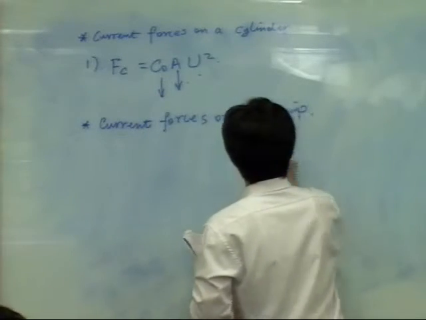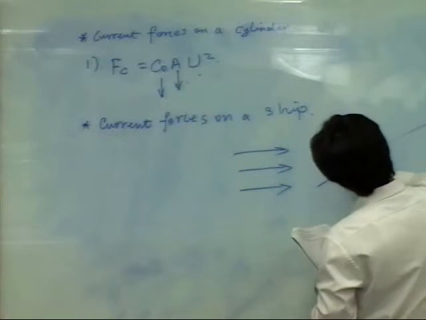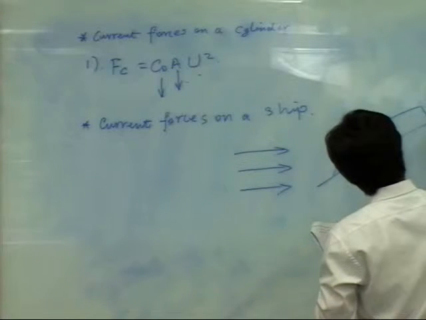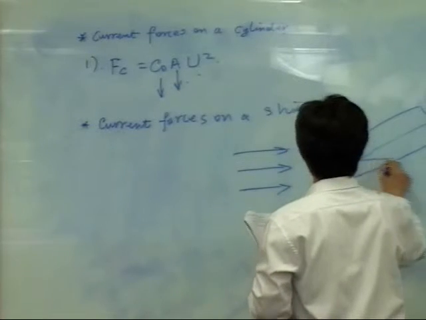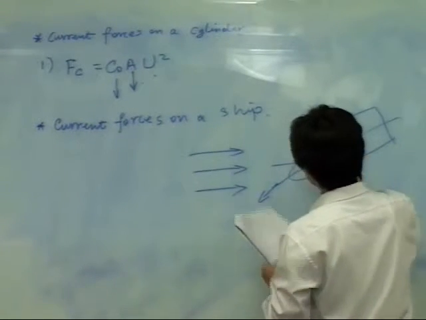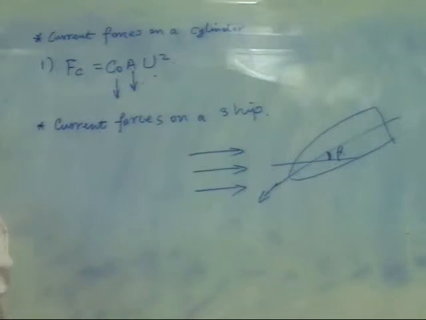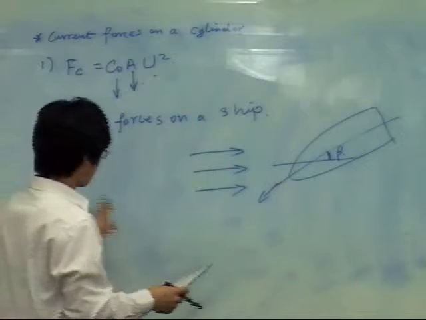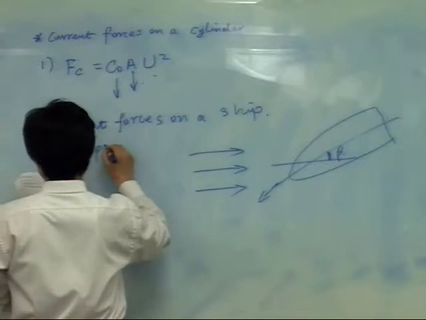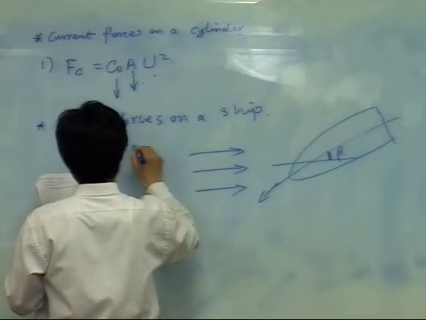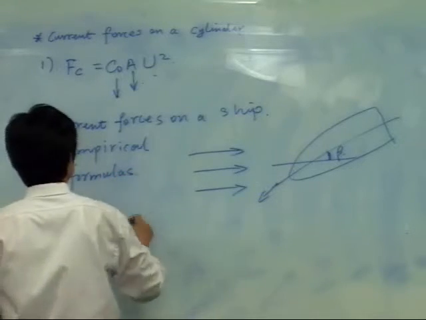We have a current going this way, and we have a ship going in this direction. The angle is the heading angle of the current. So we have to use empirical formulas too.